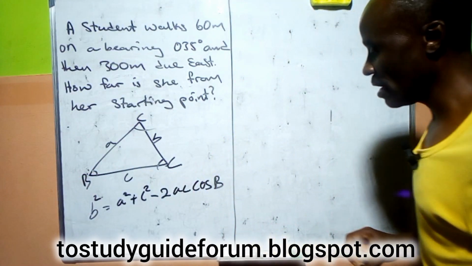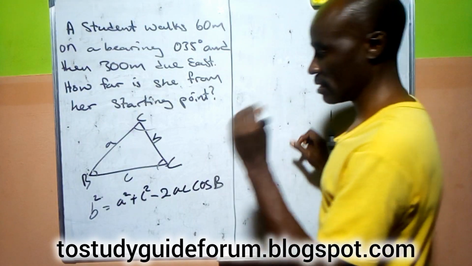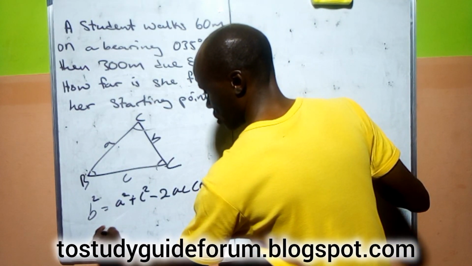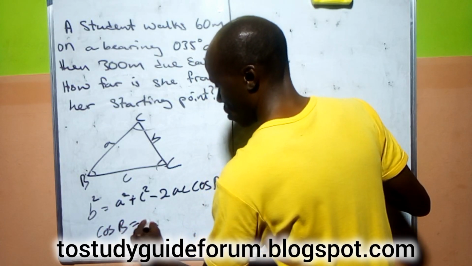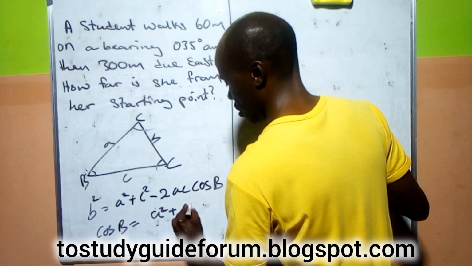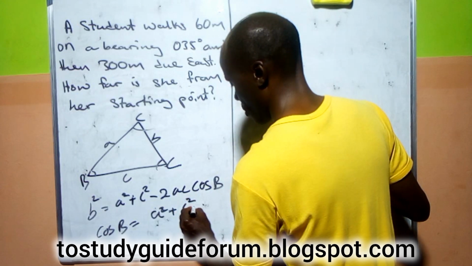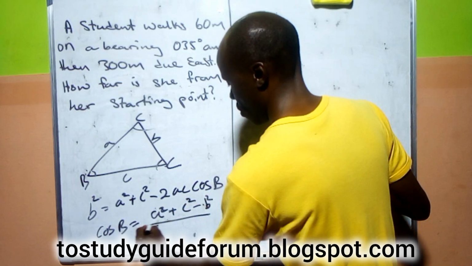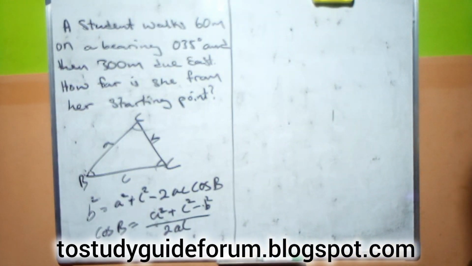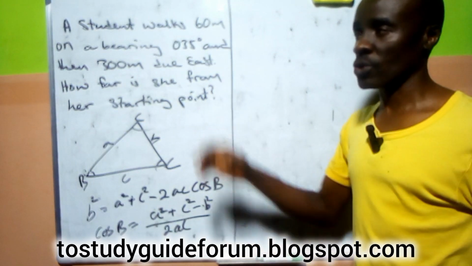And if you want to find this angle, cos B will be equal to a squared plus c squared minus b squared all over 2ac. So this is what we are going to be applying as we solve this problem.